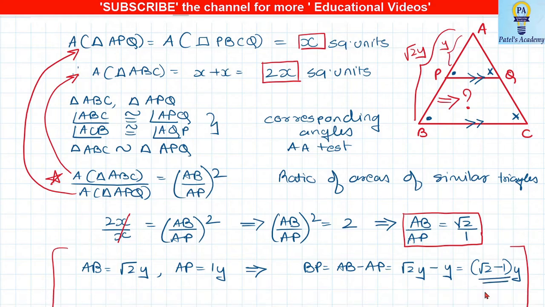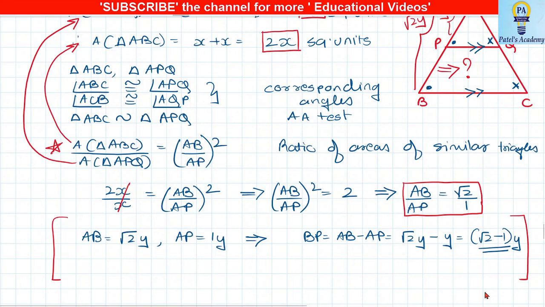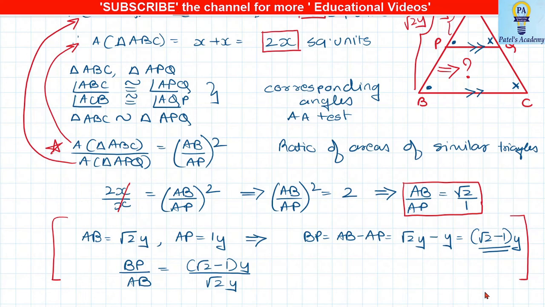Clear? Now last step and the sum is over. The question says that we have to find the ratio of BP upon AB. So how much is BP? We got root 2 minus 1 into y upon AB, which we already have as root 2y. So here y and y will cancel.